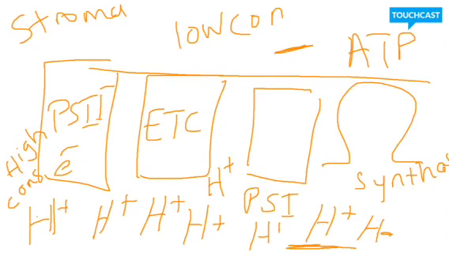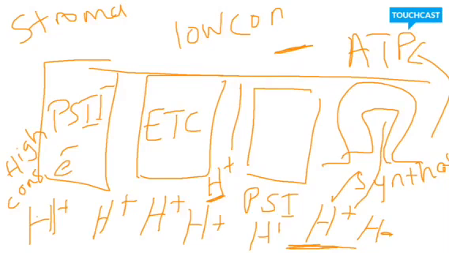Now these hydrogen ions will start moving. They want to go to the place where there's low concentration. They cannot go through the membrane easily, because remember, ions need protein channels or gates to go through. So here we have the ATP synthase, which acts as a protein channel.